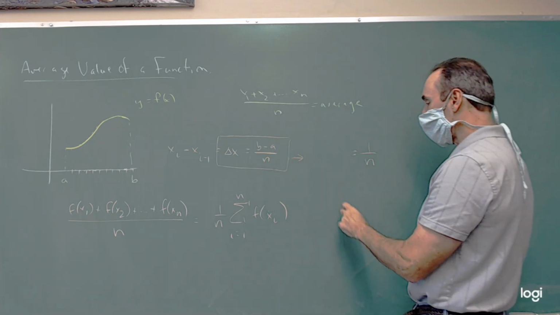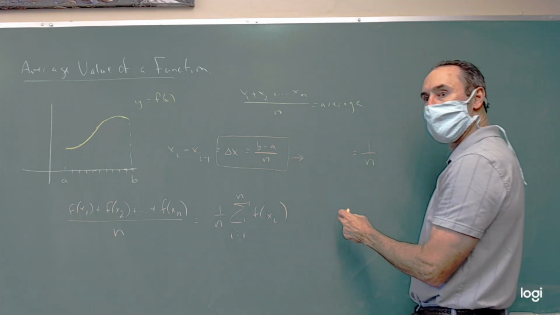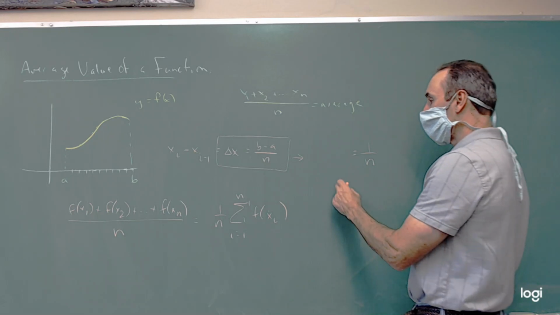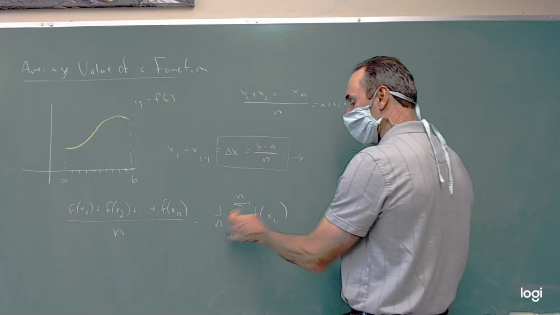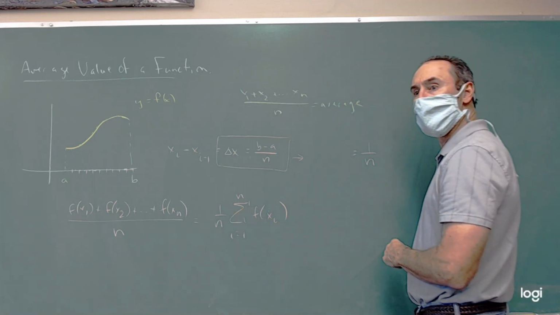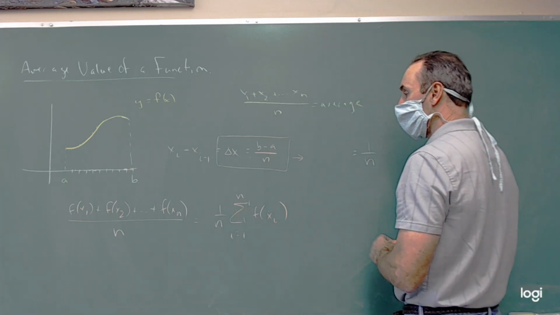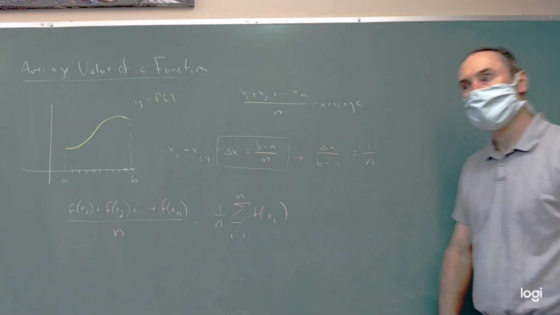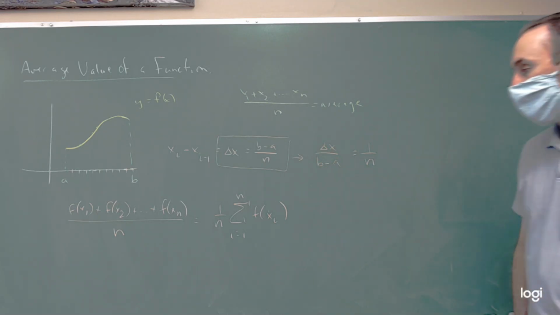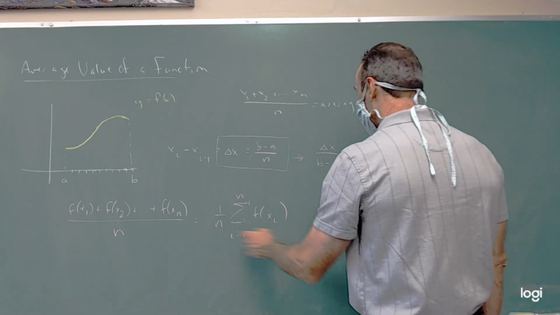Tie it to the other side, so that's going to look like what? I want to keep the 1 over n because I'm going to replace that. Change it to delta x over b minus a. That okay? So then I'm going to replace this 1 over n by that.